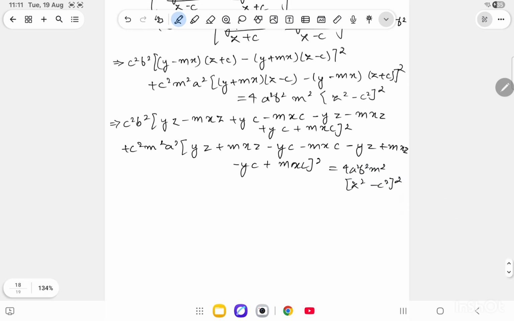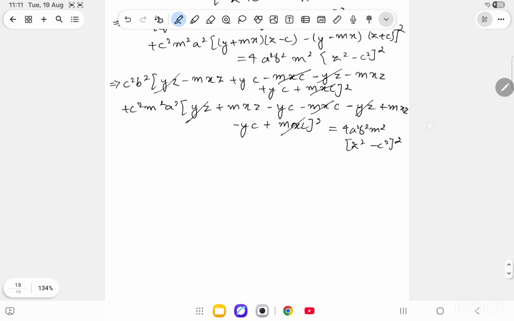Now let's see if some terms balance out. This mxc balances this one. Likewise, yz balances this yz. And in the second bracket, yz again balances out yz and mxc balances out mxc.